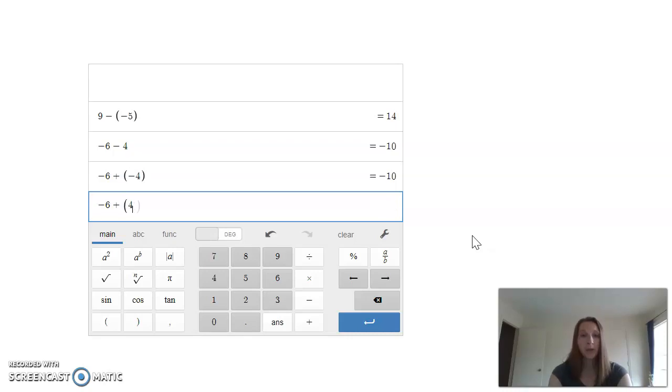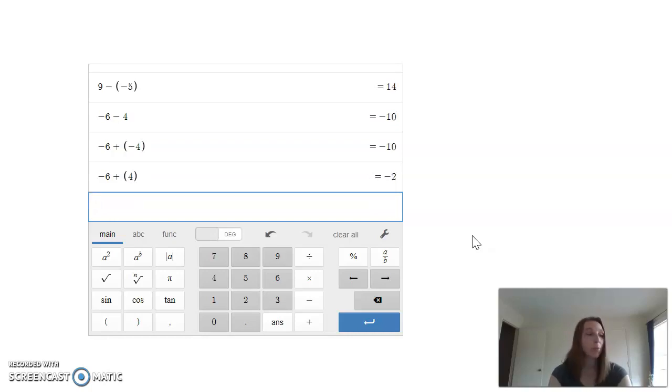So then it would read -6 plus 4, and I'm going to put it just as it is written in the equation, -6 minus -4. And the result is the same, -2.